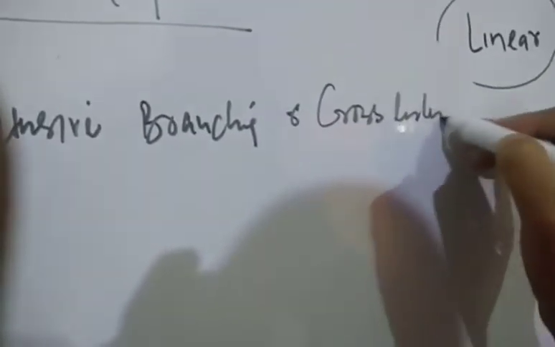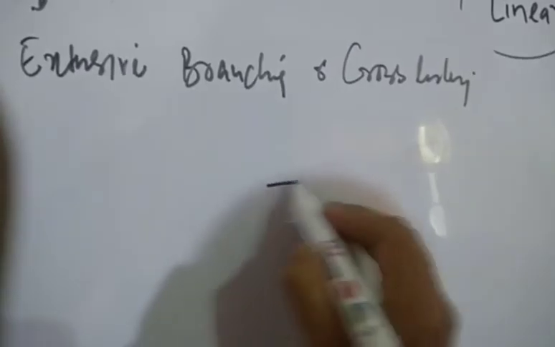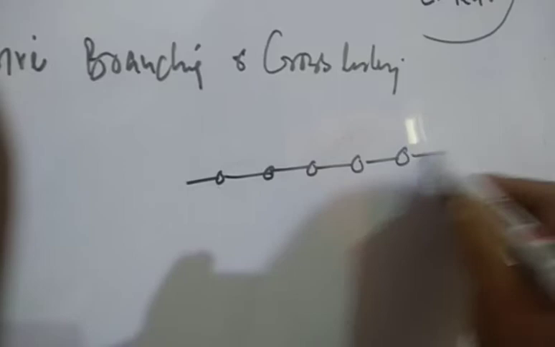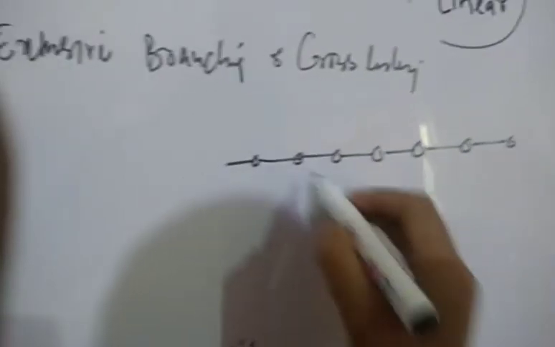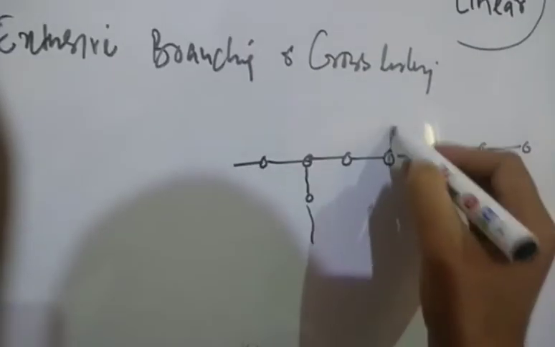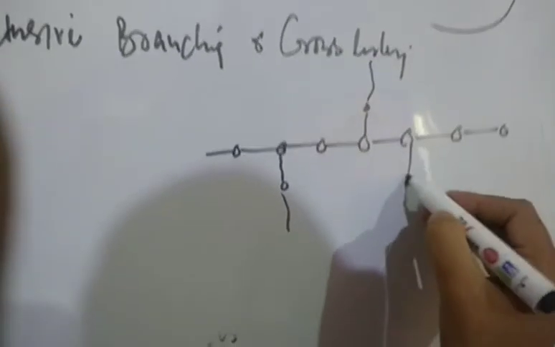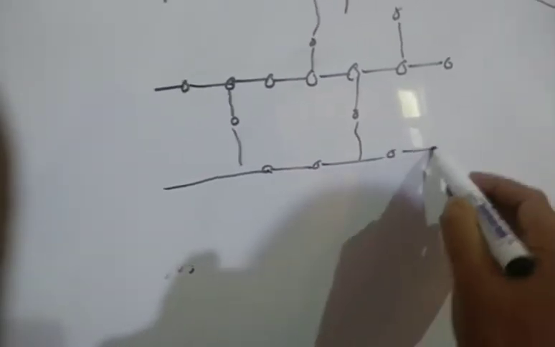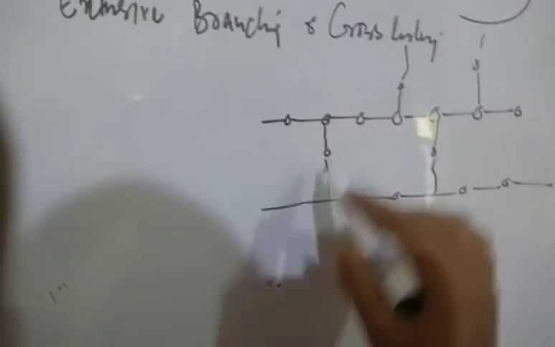Branching and cross-linking means, for example, I take an individual polymeric chain. I have one polymer chain, and it has branches, and then on this side they are also linked to the other polymer. It is very difficult to show this in 2 dimensions.